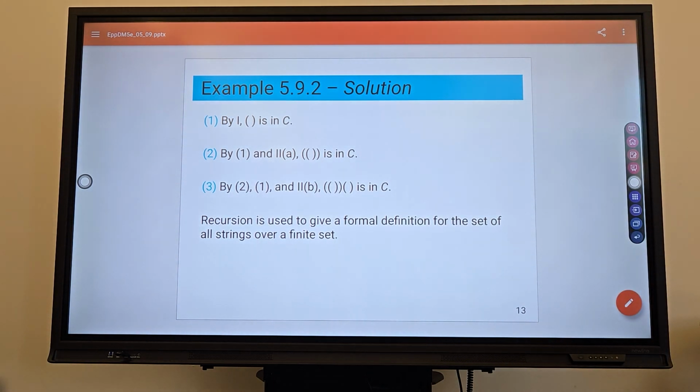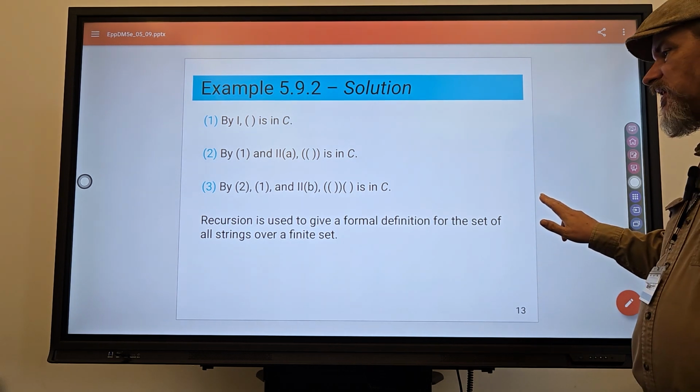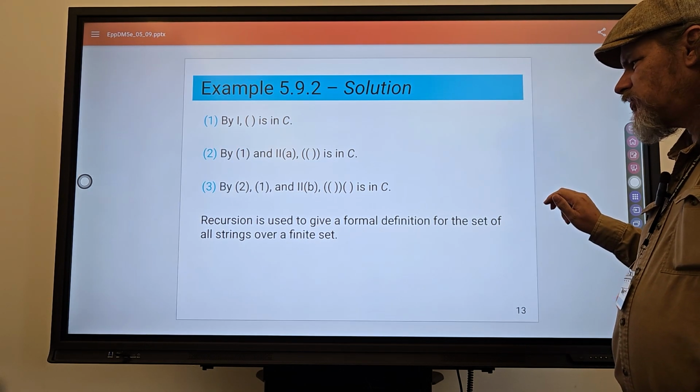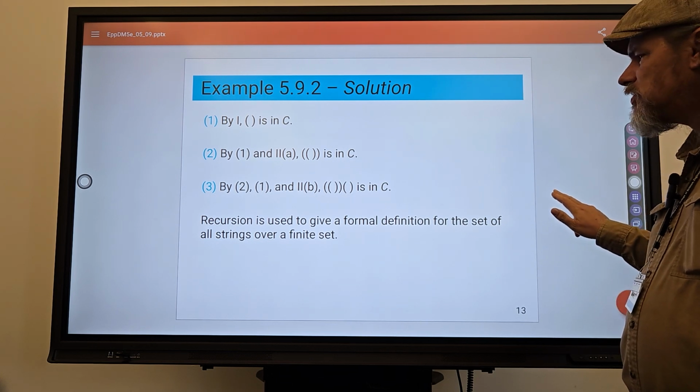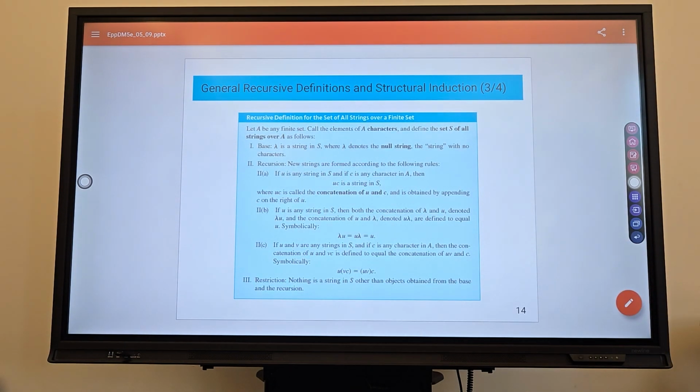Recursion is used to give a formal definition for the set of all strings over a finite set. Why that was put in on the side, I have no idea. Okay, general recursive definitions and structural induction. Recursive definition for the set of all strings over a finite set.